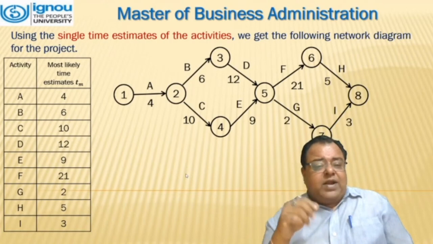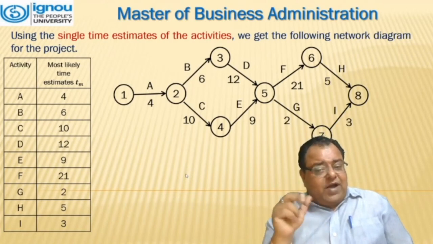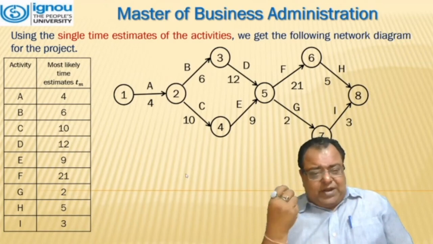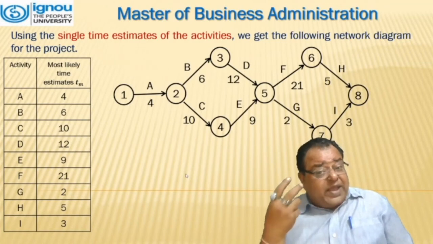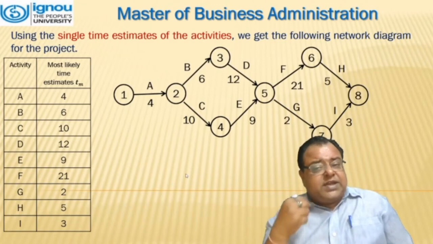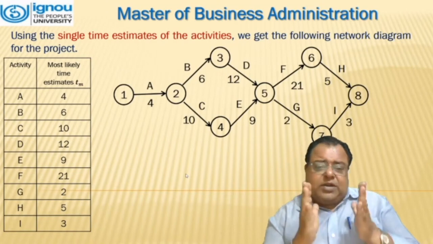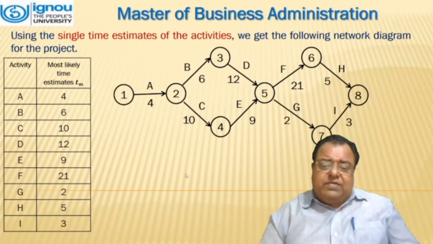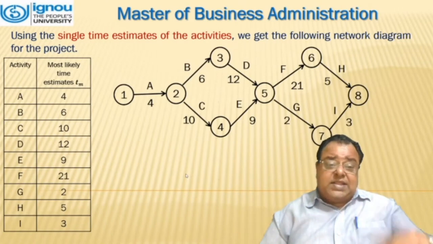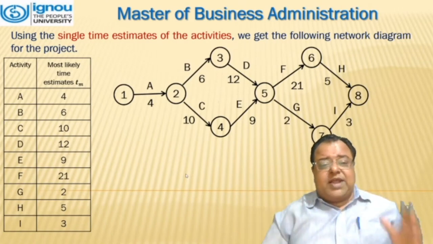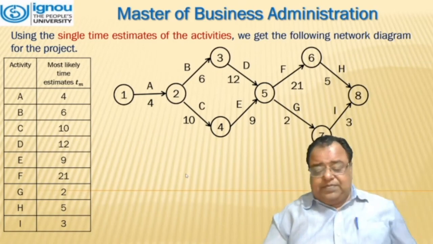The second is 1, 2, 4, 5, 7, 8. These are the basics. Now, how can we change them? The change can only be done in the last part. We can start it from 1, 2, 3, 5, 7, 8, and the other one will be 1, 2, 4, 5, 6, 8. That means we have 4 routes.